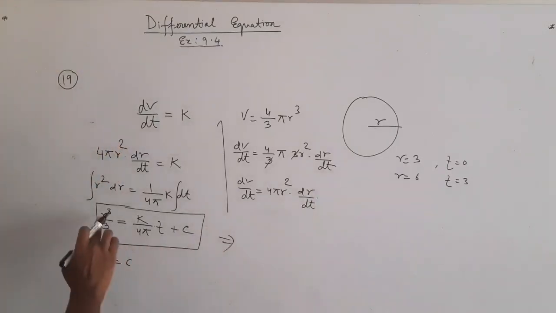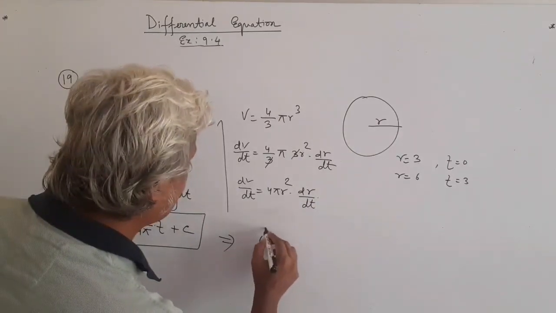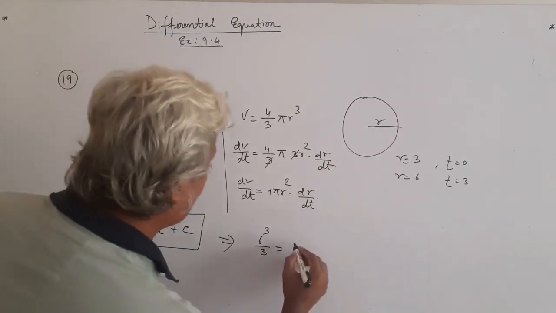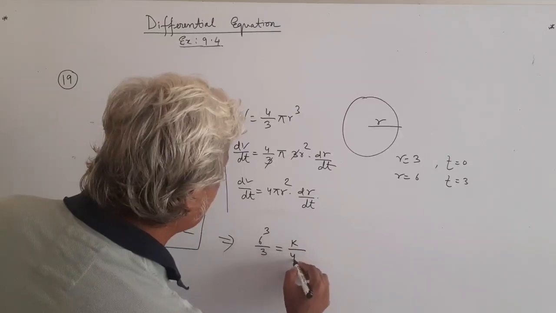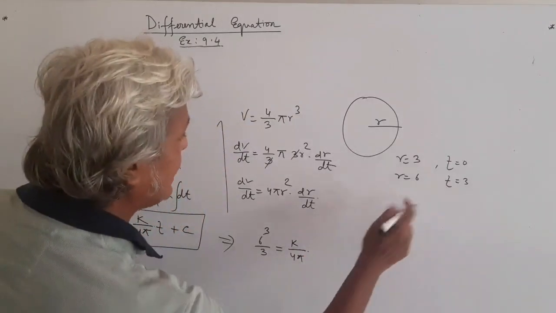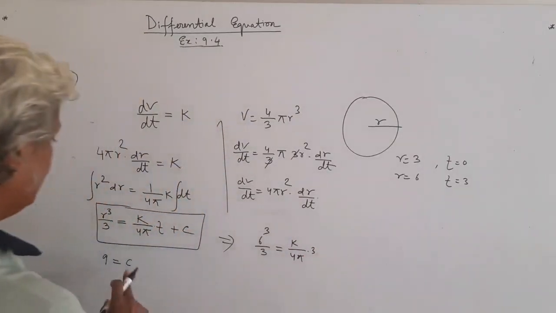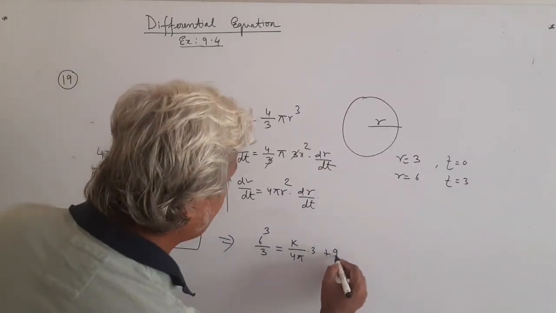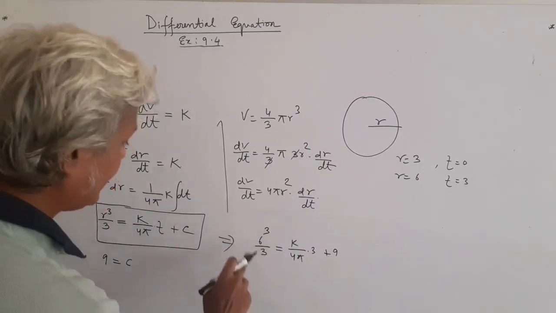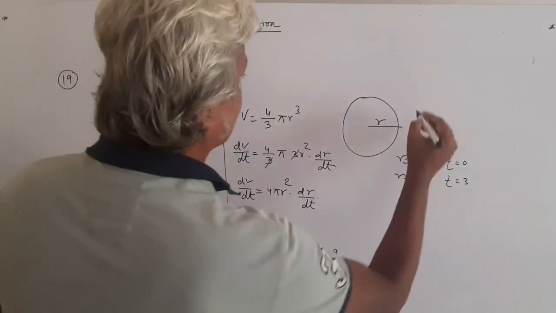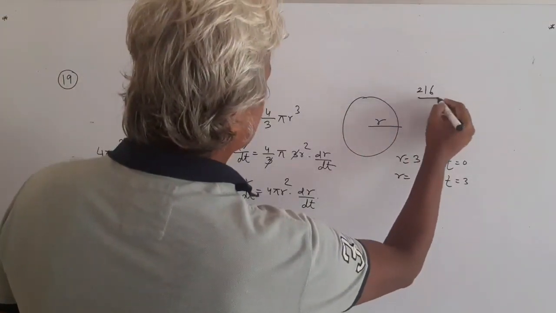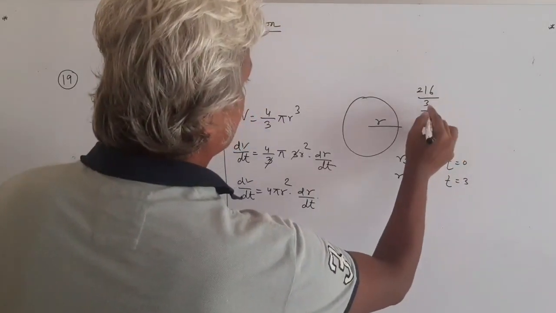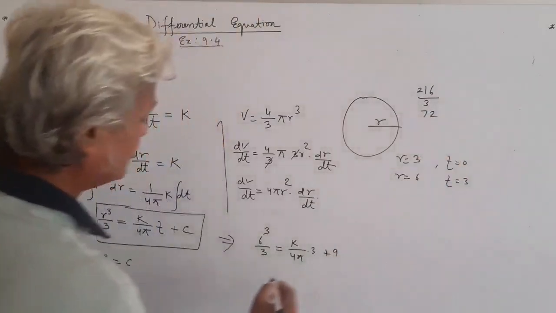Now for the next one, r is 6. So 6 cube by 3 is k by 4 pi times t, and t now is 3, plus c. The value of c we have found as 9. Now 6 cube is 216, and 216 divided by 3 is 72.